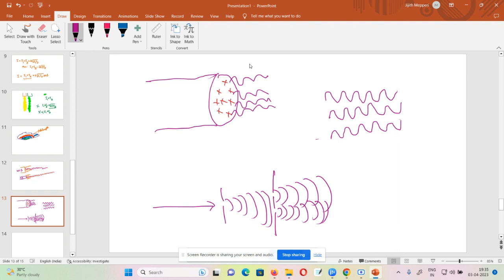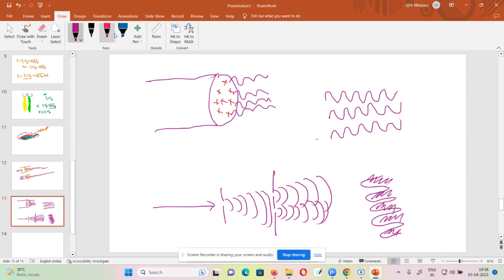If the light source has good spatial coherence, and these two interfering beams are coming from the same light source, it will produce a nice interference pattern. If you get this kind of pattern, you can say that it has good spatial coherence.